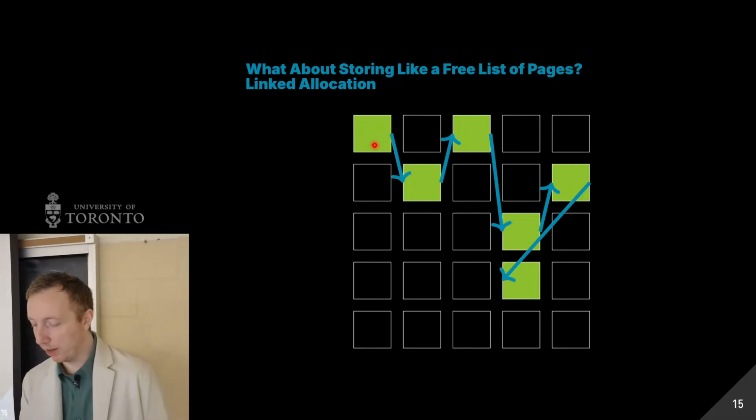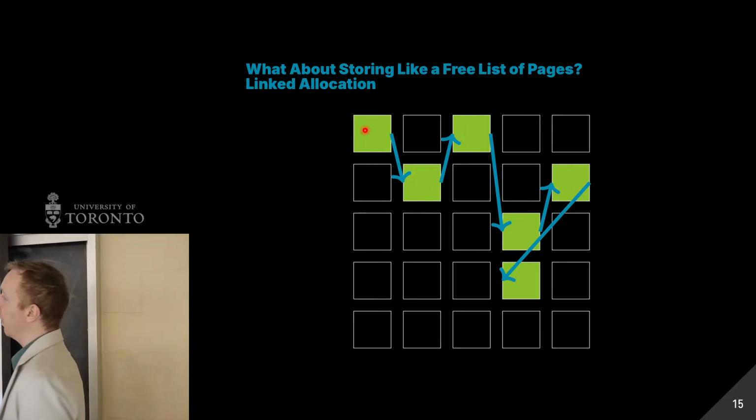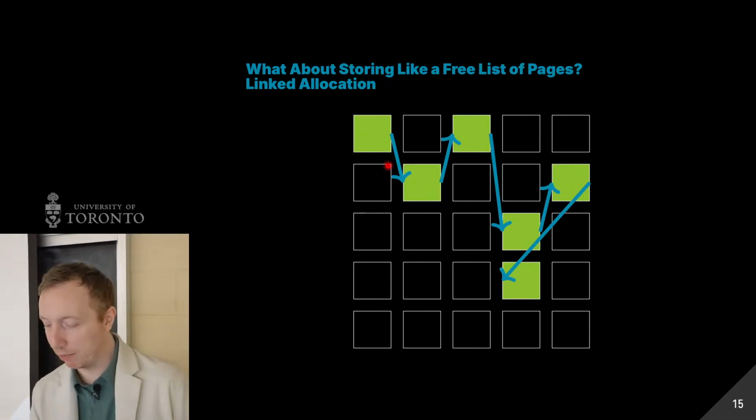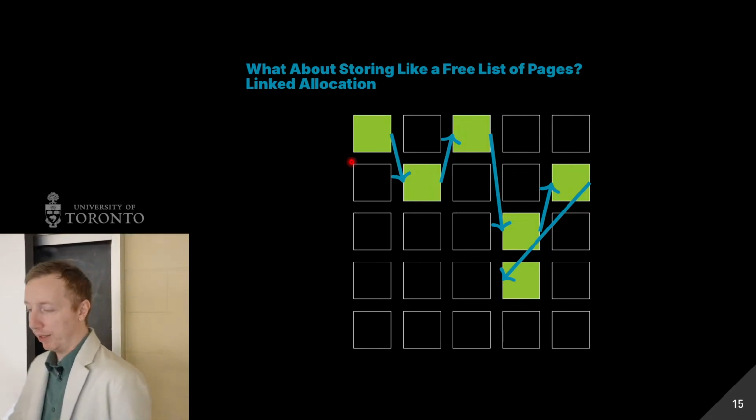If we want to get to block 3 of this file, we waste a lot of time, right? We have to read this entire block. Assume you can only read blocks at a time from like an SSD.